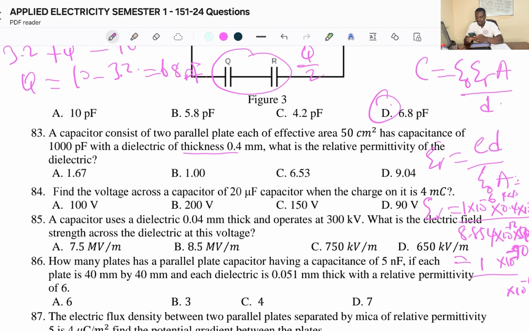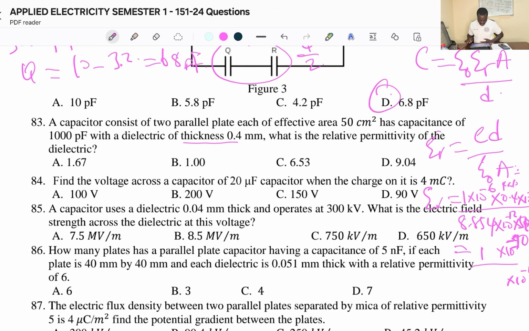We have 44.27, inverse. So we have this, right? So we have 0.22. Okay, so here the answer is going to be equal to, right?